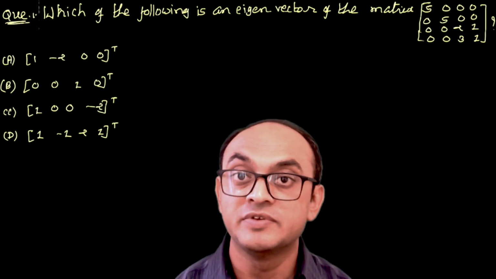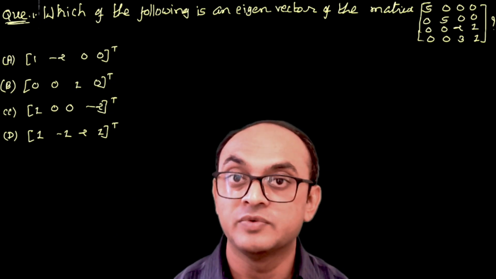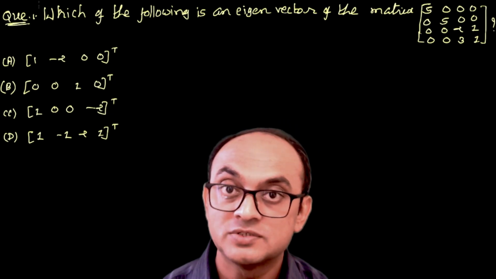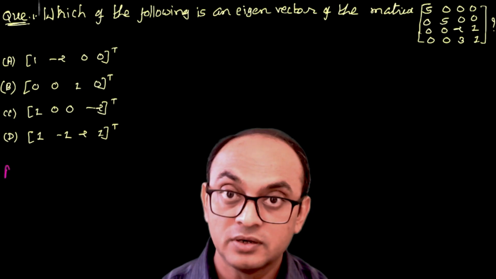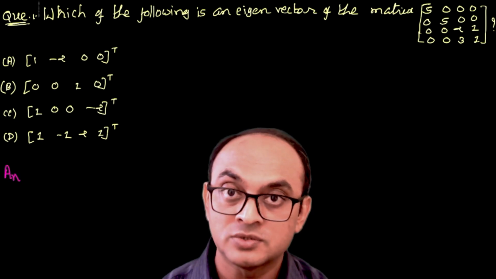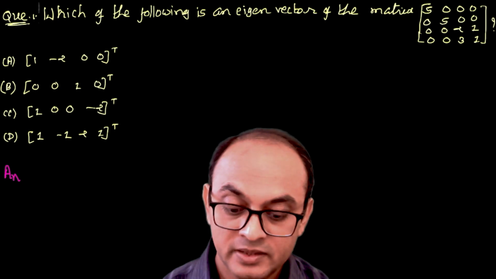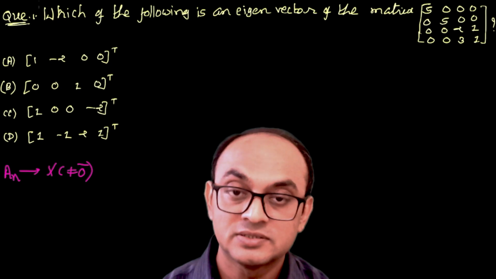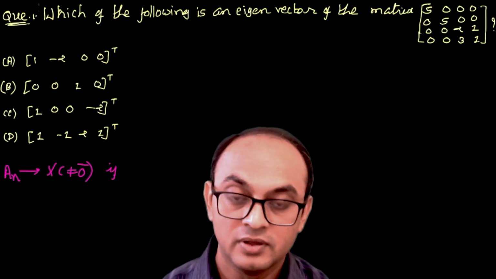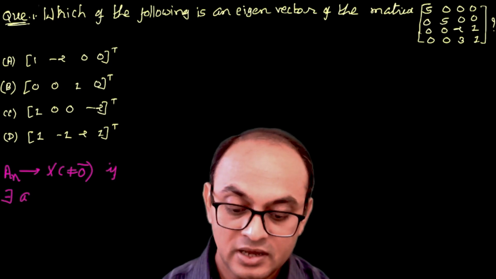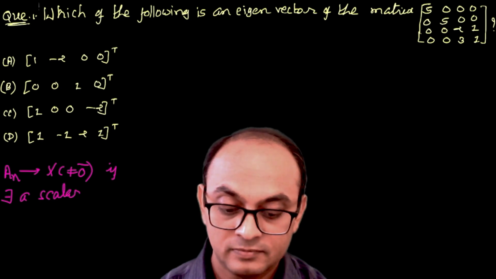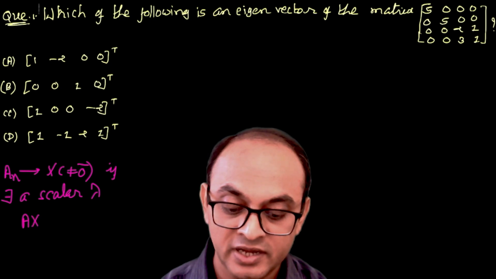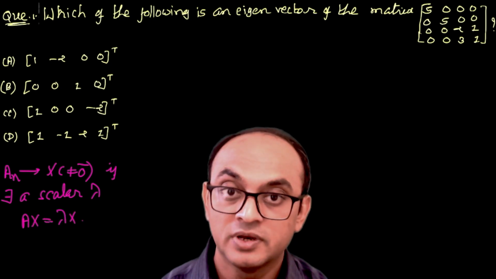First, let us revisit what eigenvalues and eigenvectors are. If we are given any n cross n matrix A, then it has a non-zero eigenvector x if there exists a scalar lambda which satisfies the relation Ax = lambda x.